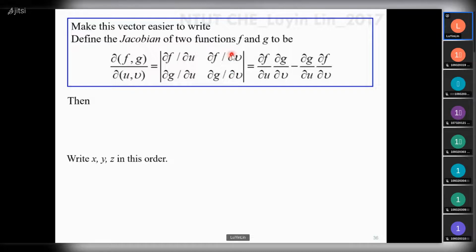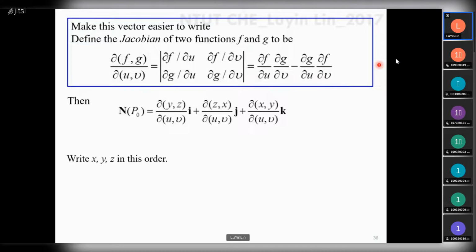You have to know how to calculate the Jacobian of two functions. Then the normal vector can be written like this. Please try to memorize this and understand how to use it.